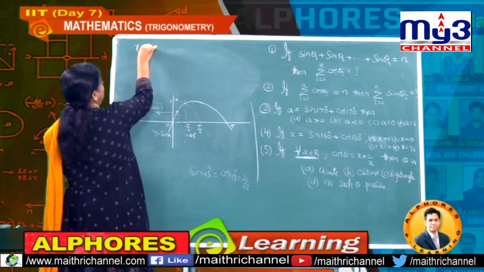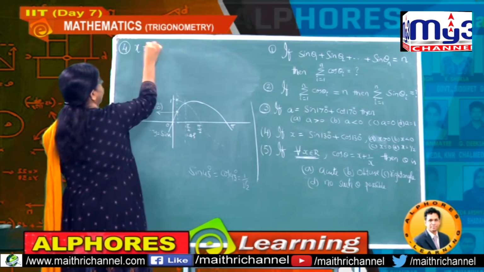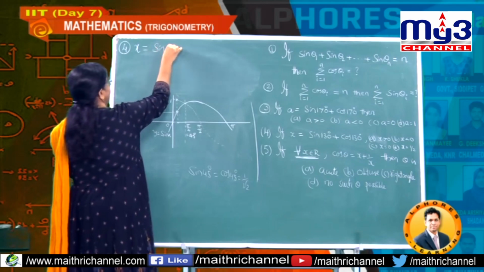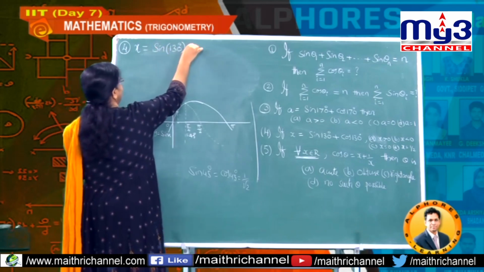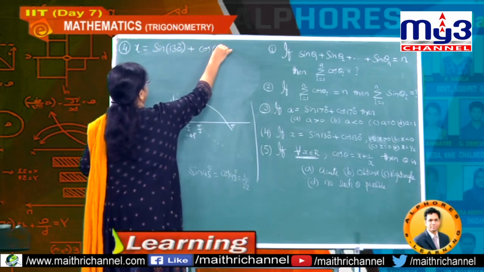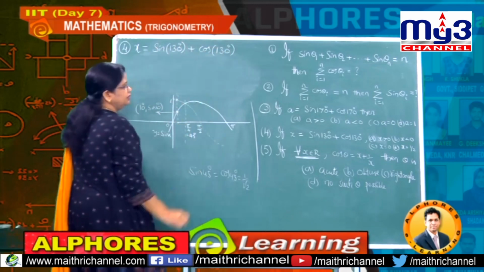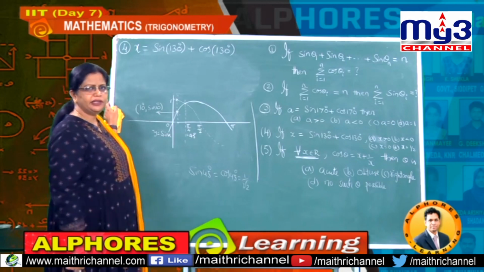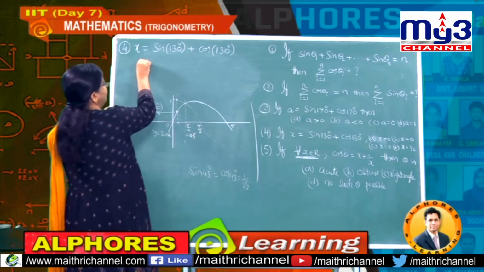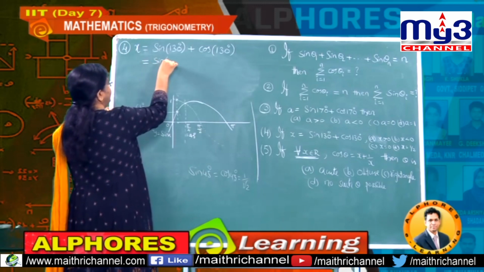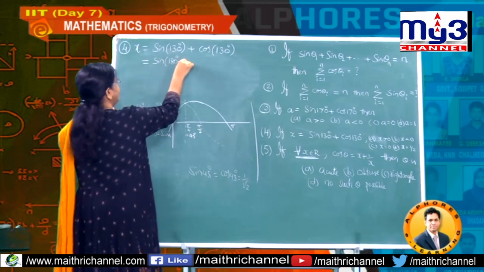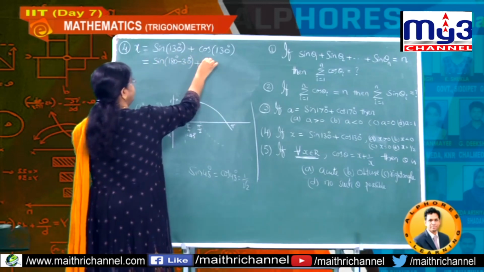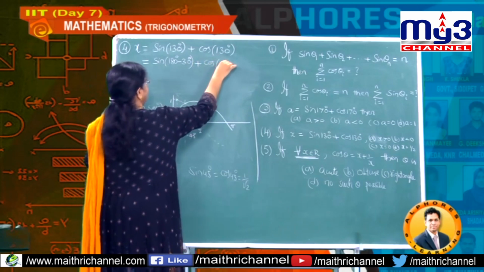So x equal to sin 130 degrees plus cos 130 degrees. Now this 130 I am writing as 180 minus 50, and here also I am writing 180 minus 50.